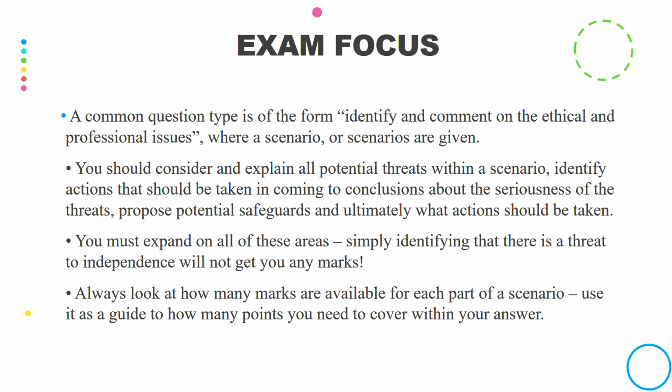When you are identifying an ethical issue, that also you have to explain in detail. If you just identify that it's a breach of confidentiality or breach of the objectivity principle, then you will not get the full mark. For example, you can say it's a threat to independence. You will not get any marks for that just by identifying. You have to explain it in detail.